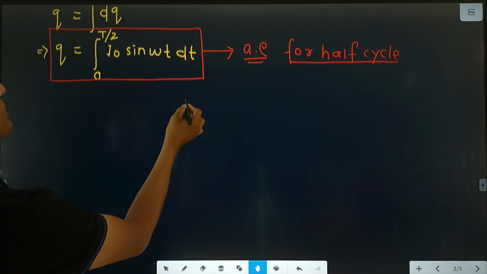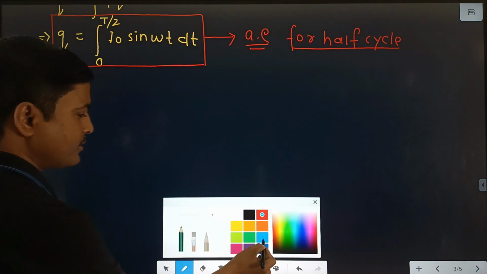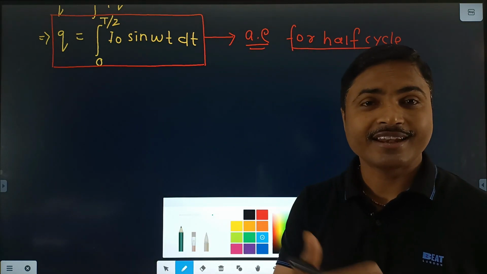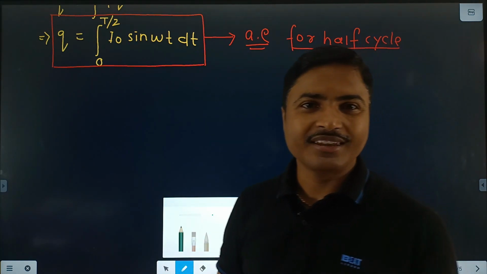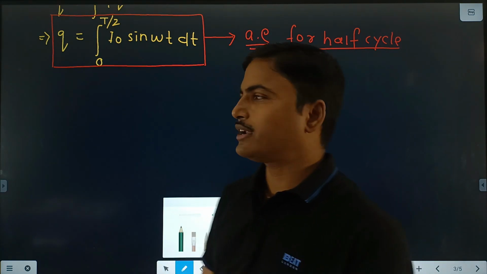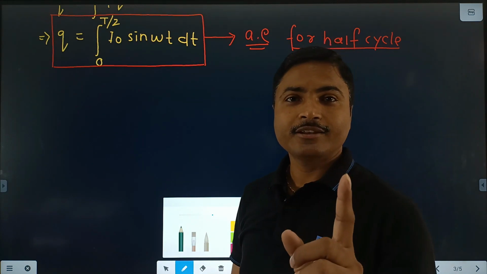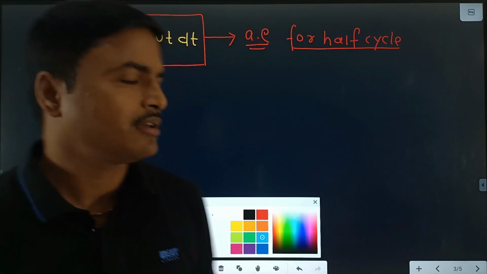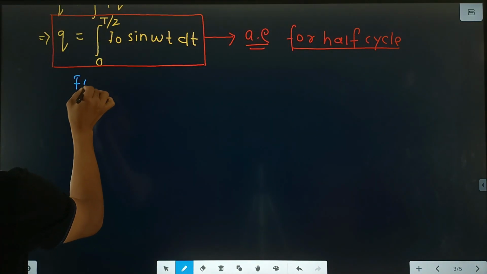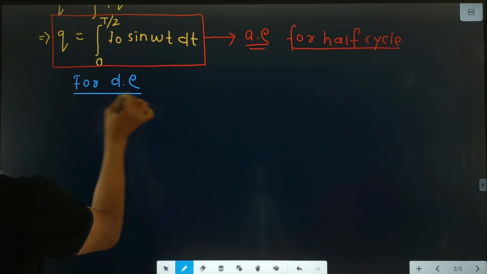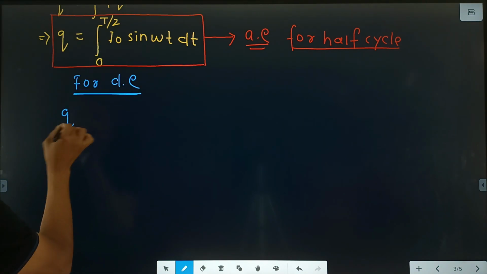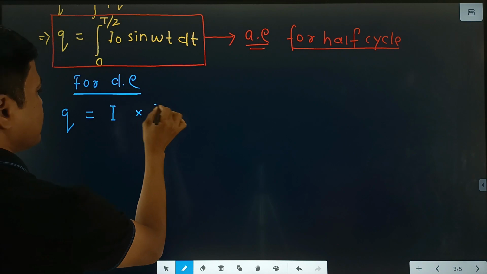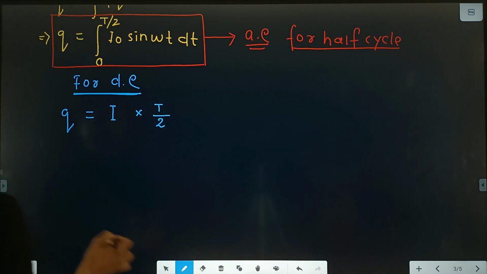Clear? Suppose in place of alternating current, direct current is there. If direct current is there and the time given to the direct current is the same as for the alternating current, that is also T by 2, then in time T by 2 the net charge flowing through the circuit for a direct current, suppose Q, is equal to, you know the equation, current multiplied by time, and your time is equal to T by 2.